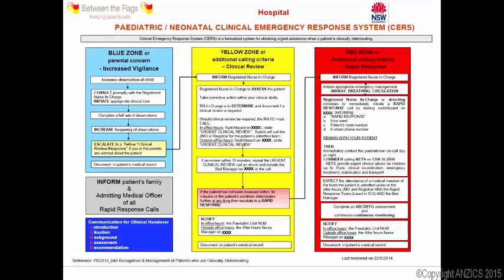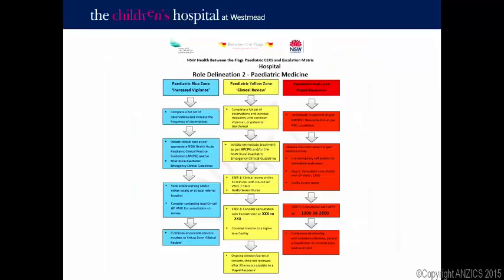So automatically, as part of that response, that paediatrician is being called. And here we can also see it's asking them to call NETS, NETS being the retrieval service for paediatrics. Not only does NETS retrieve, they'll also be on the end of the phone to help coordinate the care around that patient and work with the team locally to deliver the best care for that patient in that clinical situation.